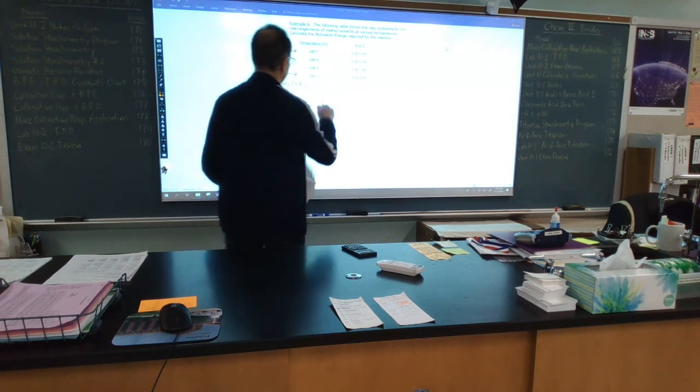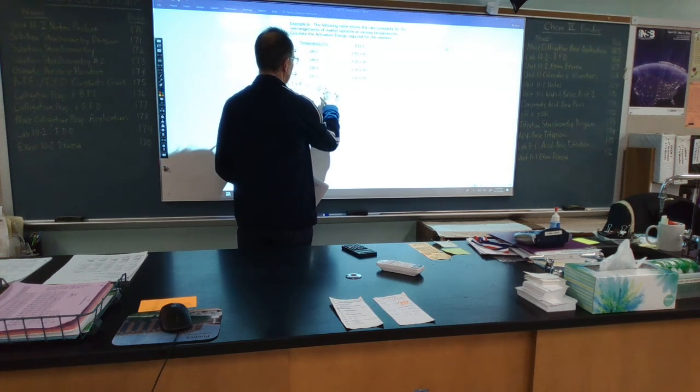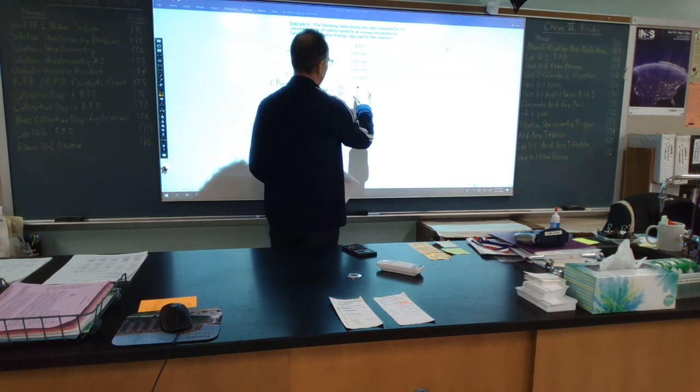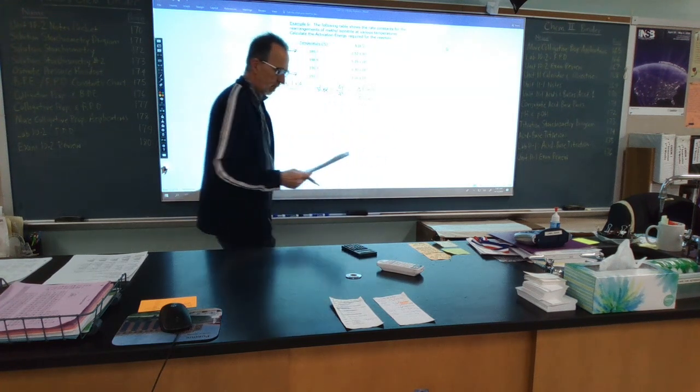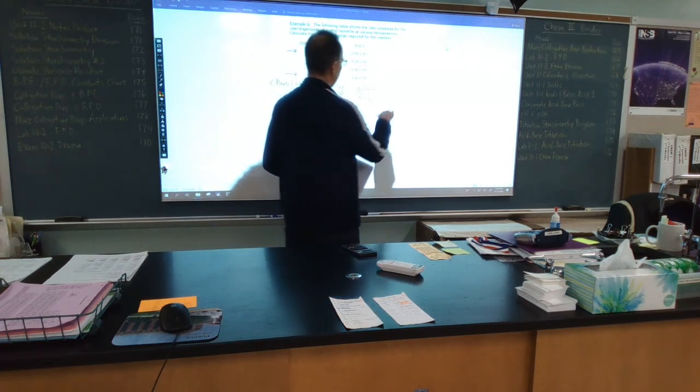So the slope then of the line is the change in y over the change in x, which is the change in ln k over the change in 1 over T. All right. So we use points 1 and 4.